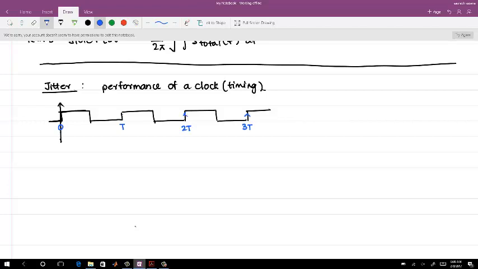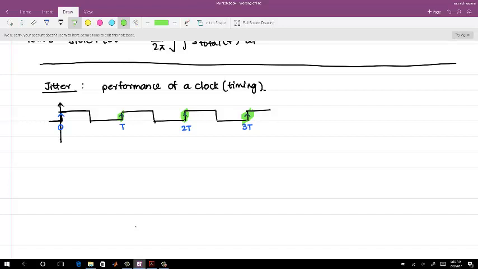No variation in these edges. That is an ideal clock. Now, if there is any noise in the system, your edge moves, this edge can move, and all these things can happen.